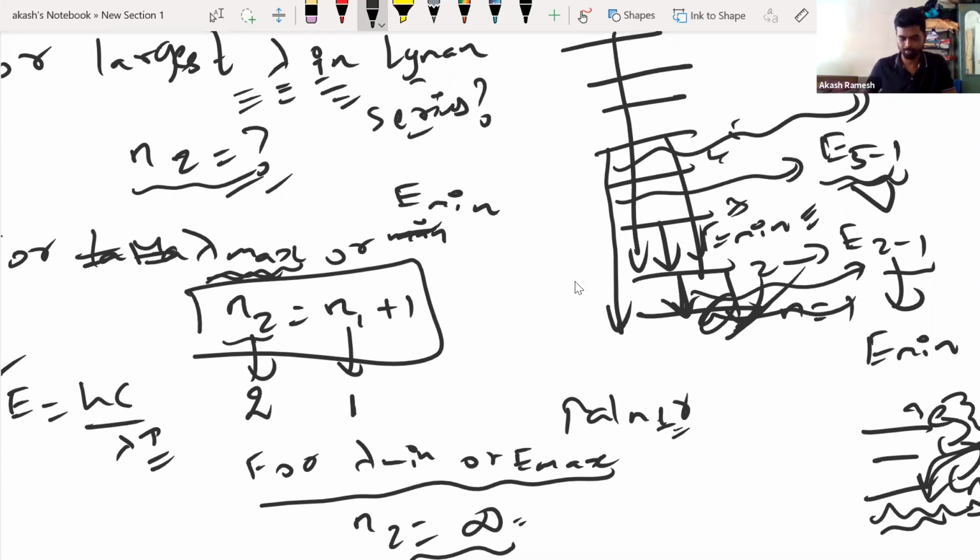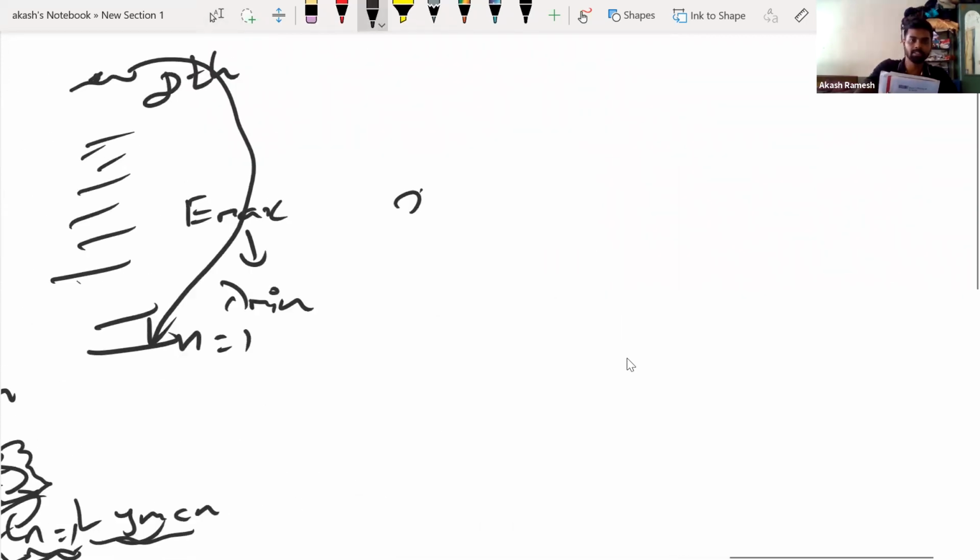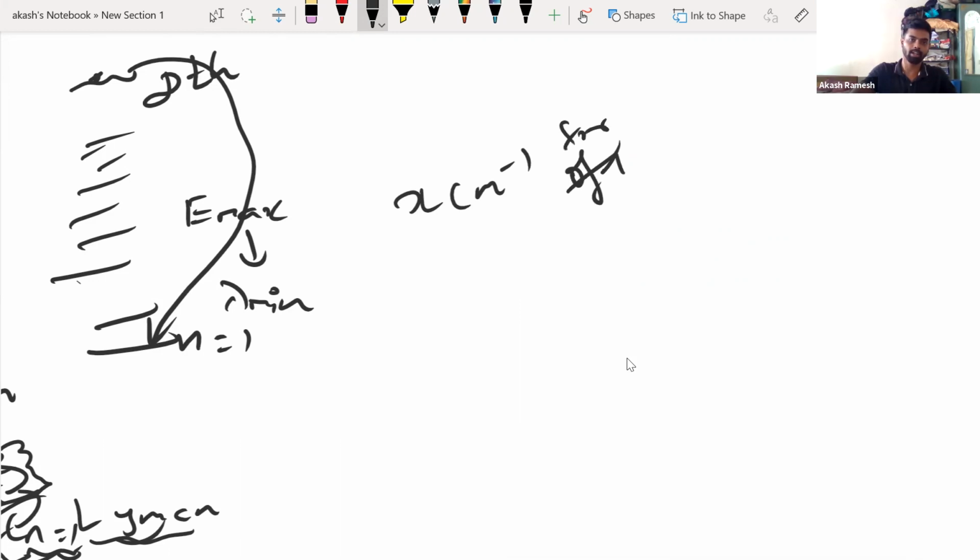Okay, take down the question. The wave number for a given transition is x per centimeter for He plus.